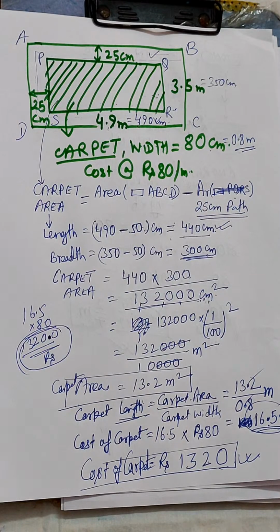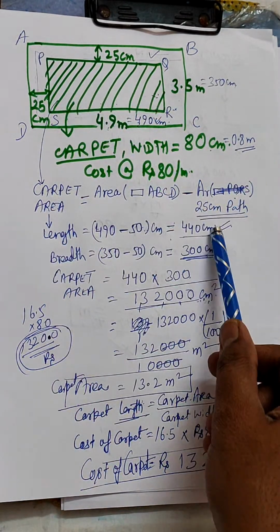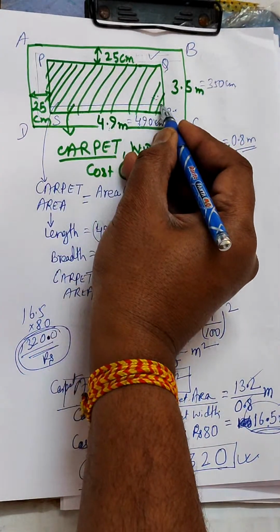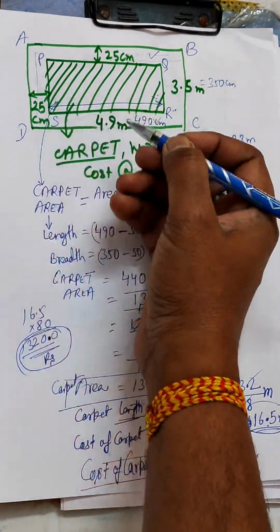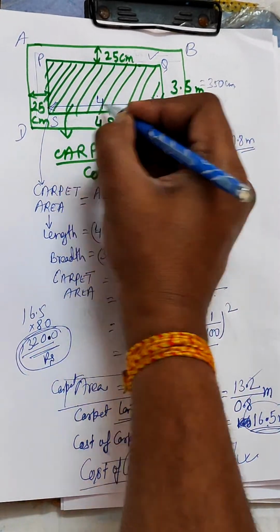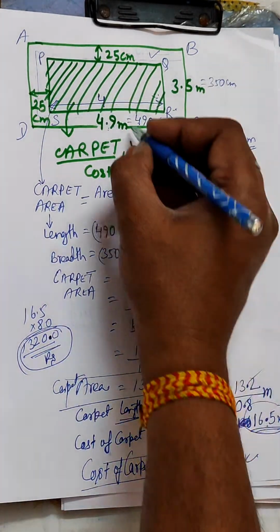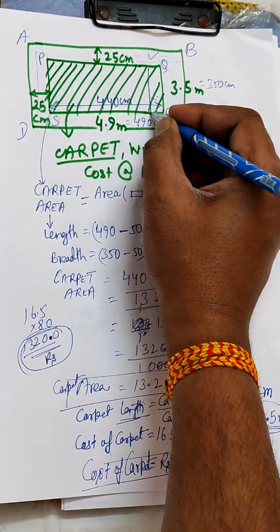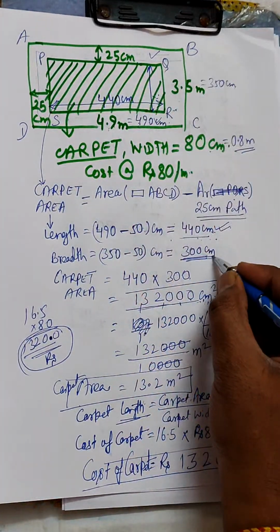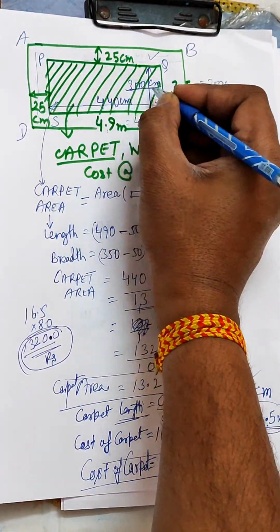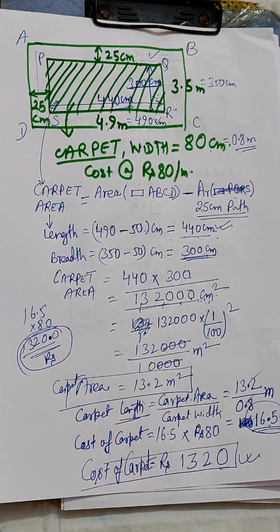The inner dimensions which we calculated here are 440 cm and 300 cm for the rectangle PQRS, the carpet.